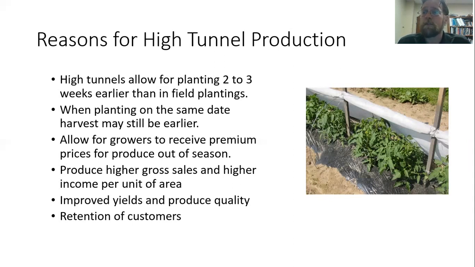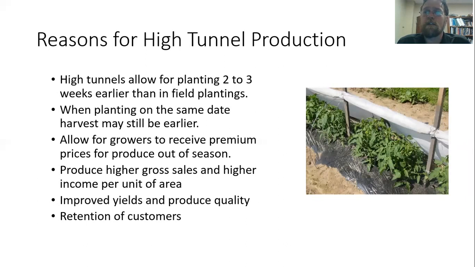And by producing out of that traditional crop production window, producers are able to receive a premium price for the produce that they grow. And that can lead to overall higher gross sales and a higher income per unit area of production.